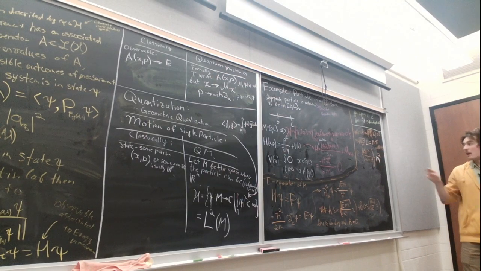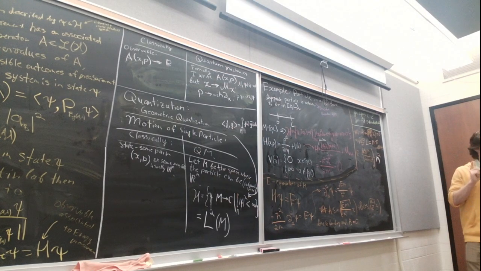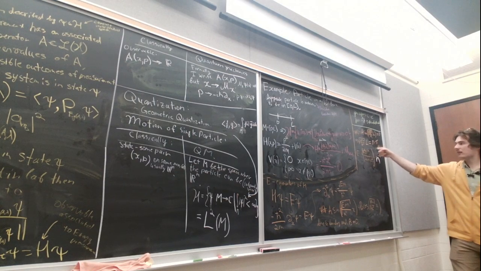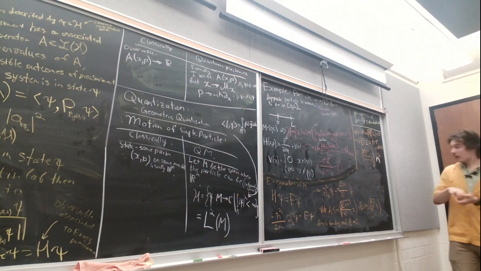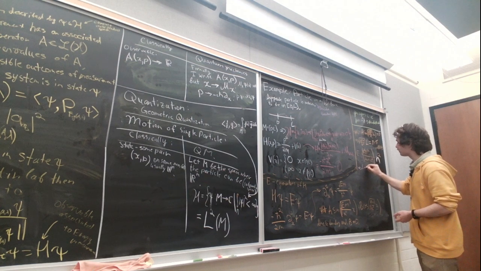But n is some arbitrary natural number that I can choose. Do you agree with this? Yes. Therefore, I see that my allowed energies are restricted. They're only allowed to be multiples of the integers squared. Therefore, we immediately see that energy is quantized.